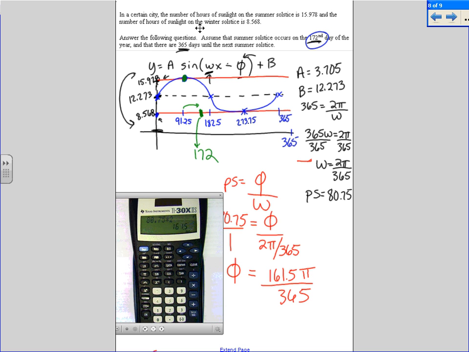The problem is that's a decimal value, and they want everything as integers or fractions. So I'm going to turn 161.5 over 365 into a fraction with no decimals using my calculator. I'll divide 161.5 by 365, and that gives me a decimal value.